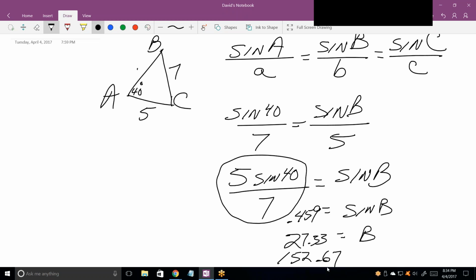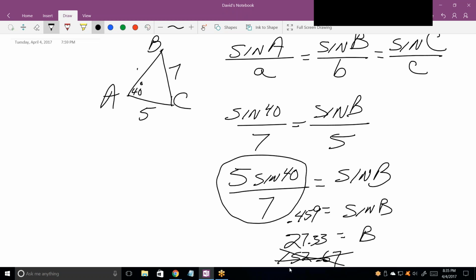Now, could B be 152.67? No, because we know that this triangle has a 40-degree angle in it already, so it does not have any room for 152. So I cross that out, but that is the way to handle the ambiguous case of the law of sines.